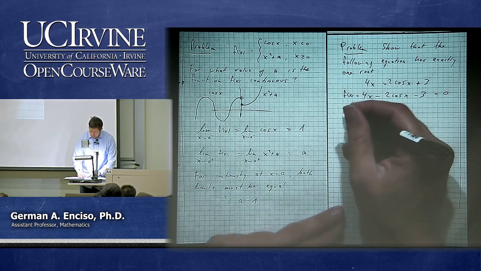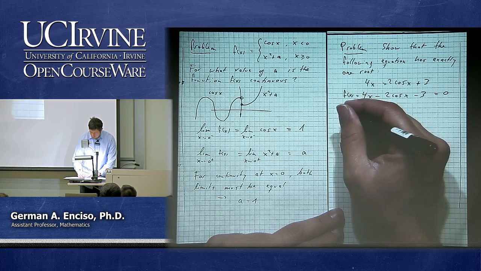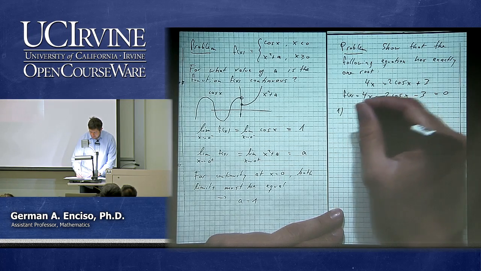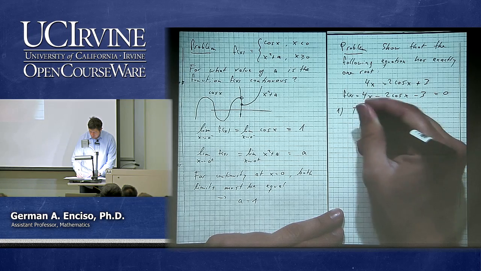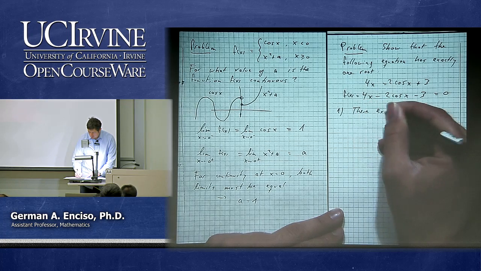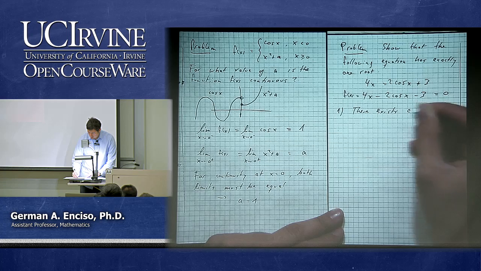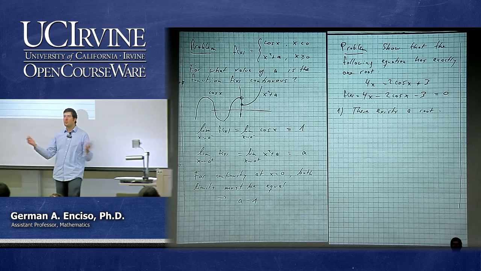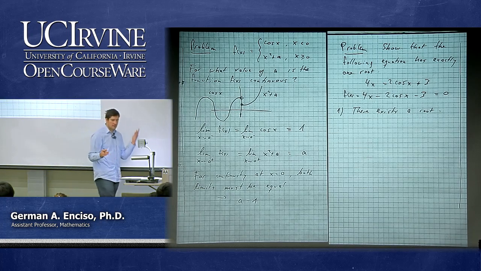We're going to break down the problem into two. The first part of the problem says that there exists a root of the equation. So we're going to find some solution of the equation. Just find any solution.